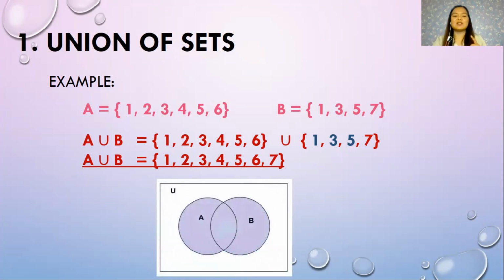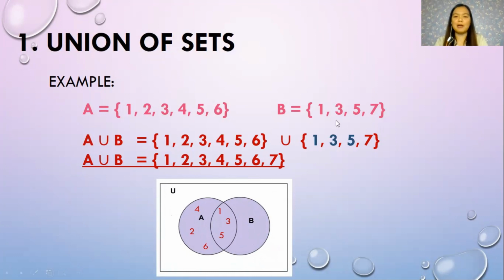Okay? So, the illustration of that, using the Venn diagram, yan. 1, in set A, ito. Dito sa set A na to, nakapaloob yung 1, 2, 3, 4, 5, 6.